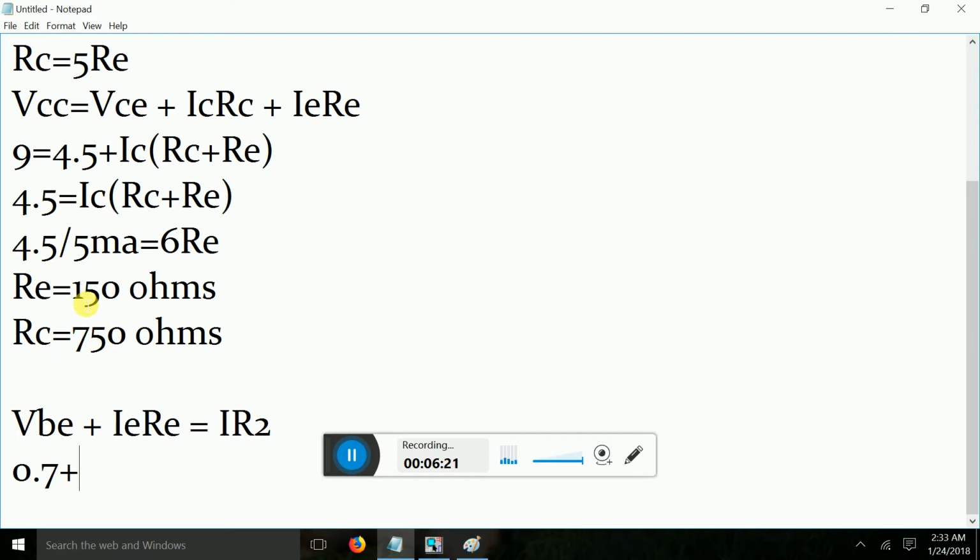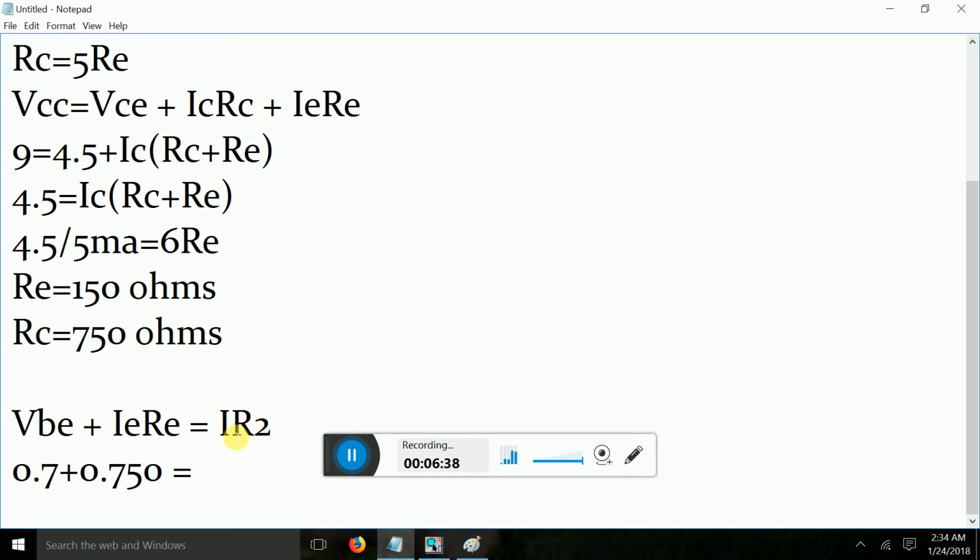So IC into RE means the voltage drop will be 0.750 equals, now I into R2.